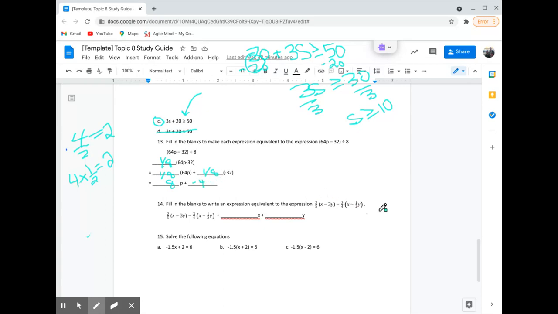So it says fill in the blanks to write an expression equivalent to the expression 2/5 times the quantity x minus 3y minus 3/4 times x minus 1/2 y. So what could you do?